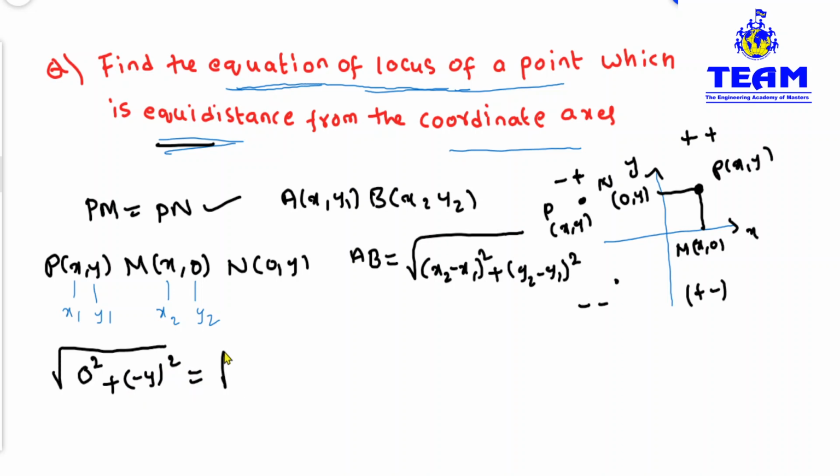This is equal to PN. What is the first point? P. What is the second point? N. So N is the second point, so this is x2 and this is y2. Now apply the formula: PN is (x2 minus x1), that is (0 minus x) whole square, nothing but (minus x) whole square, plus (y2 minus y1), nothing but y minus y, which is 0. 0 square means 0 only.